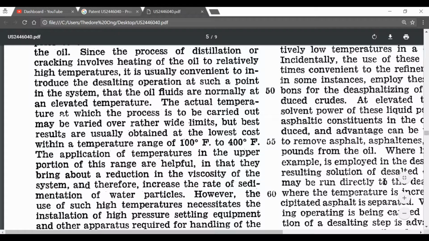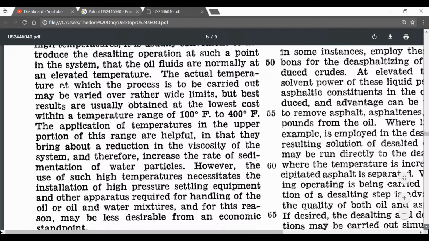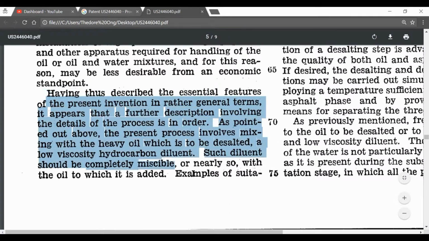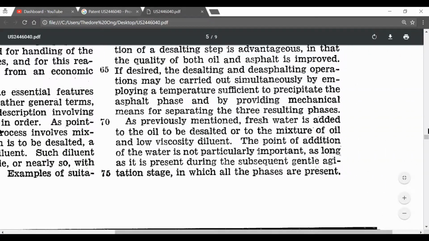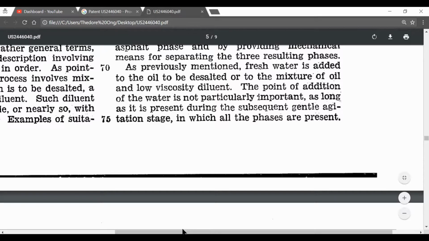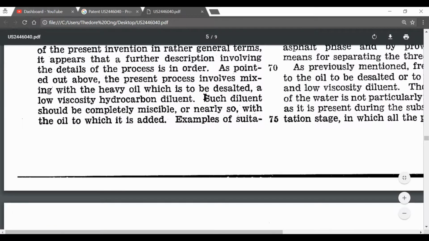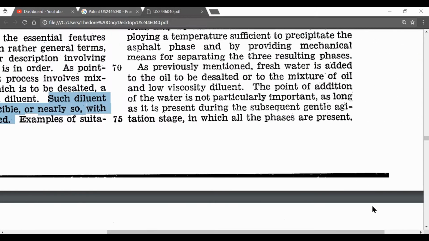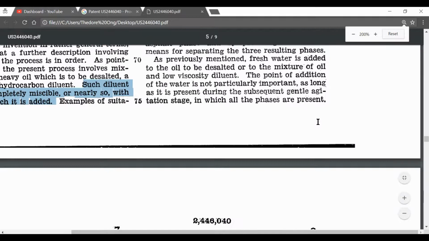You're saying the high temperature is better. I think that's describing essential features. Such a diluent should obviously tell us about his thought process, yeah? In this one, this is his thought process. Okay, such a diluent should be completely miscible. Examples of such situation. Okay.